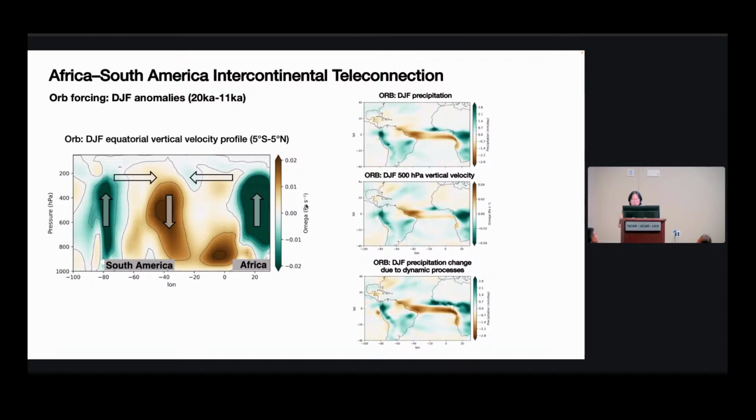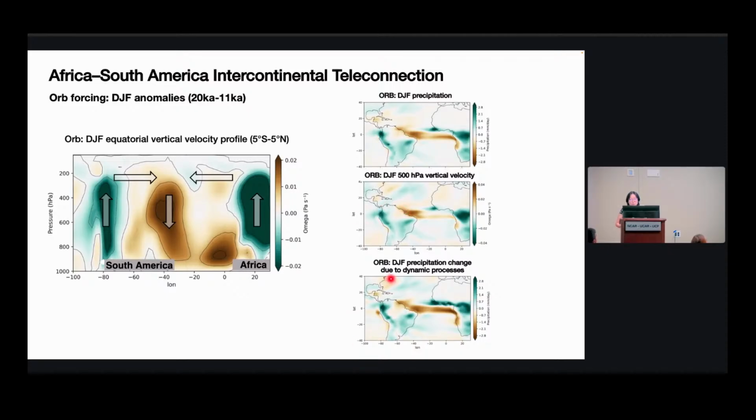So we can put together the precipitation, the vertical velocity at 500 hectopascal, and also the moisture budget analysis results. We see there is wetter condition over equatorial Africa, consistent with stronger convection here, and drier condition over the western equatorial Atlantic and also northeast Brazil, consistent with stronger subsidence over this region.